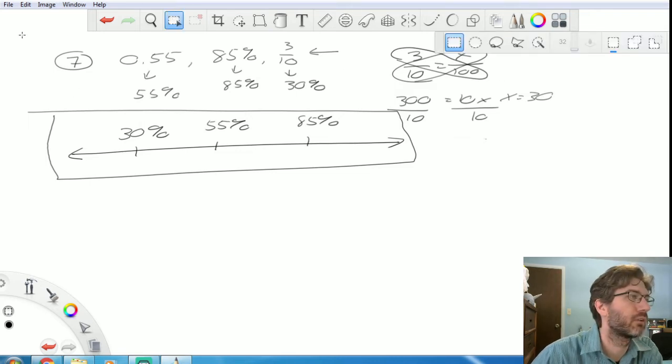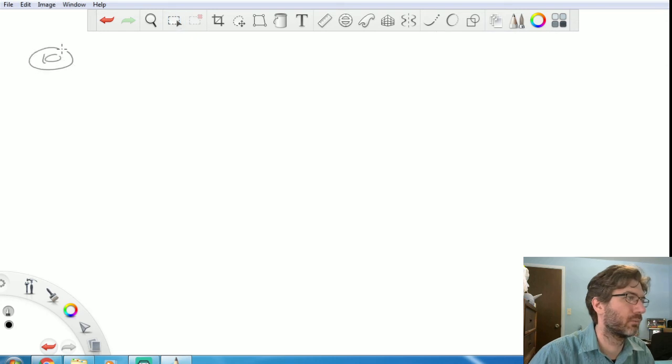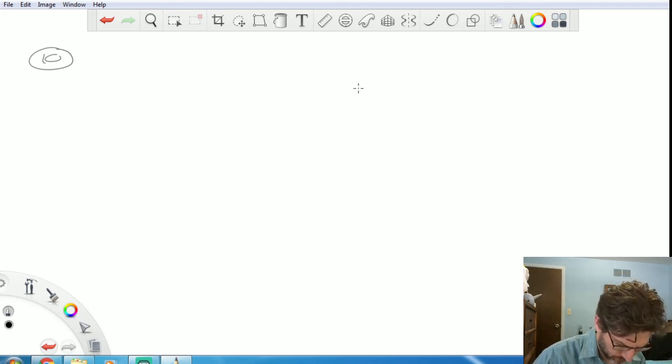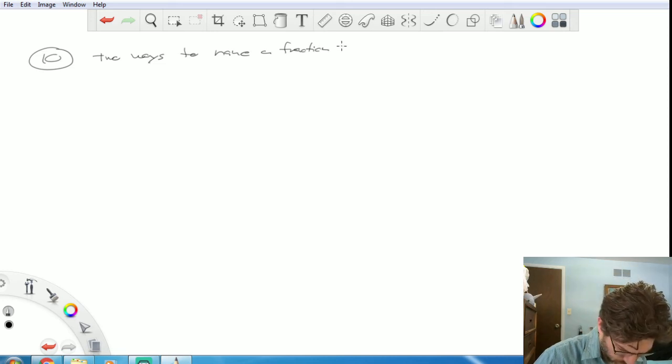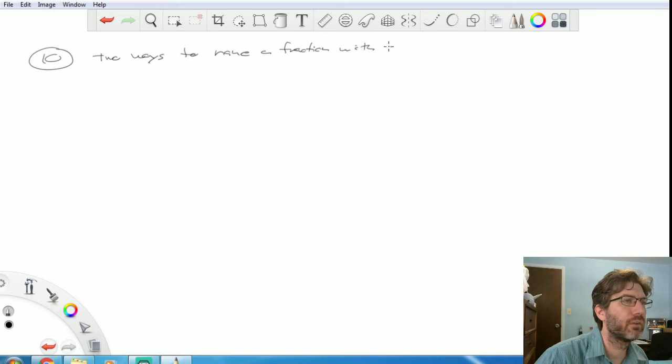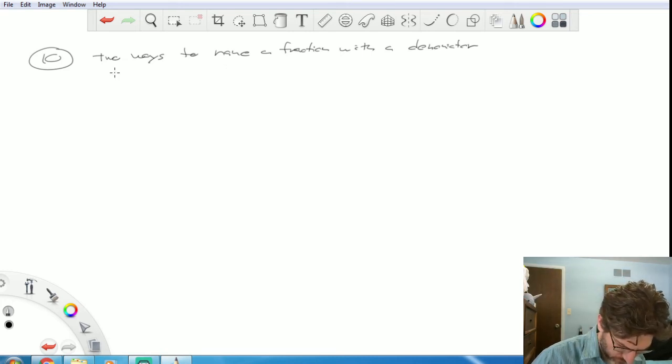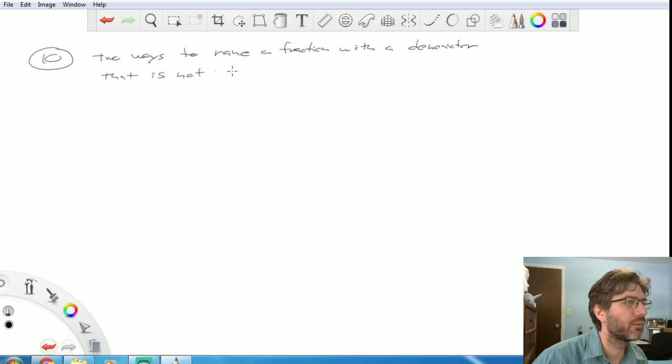Number 10. Okay, this says explain 2 ways to rename a fraction with a denominator that is not a factor of 100.